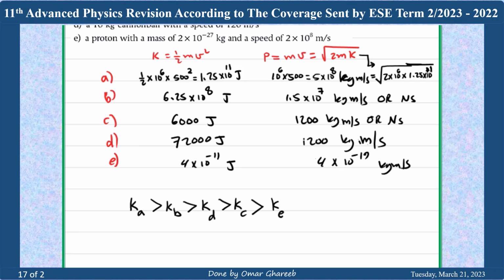So the momentum of A is larger than the momentum of B, which is larger than the momentum of C, which is equal to the momentum of D, and the last one, the least one, is the momentum of the situation A.